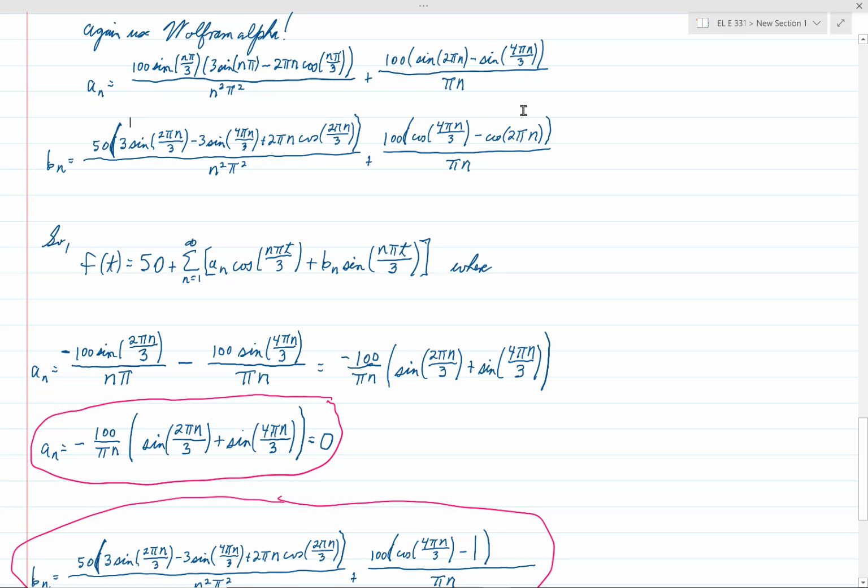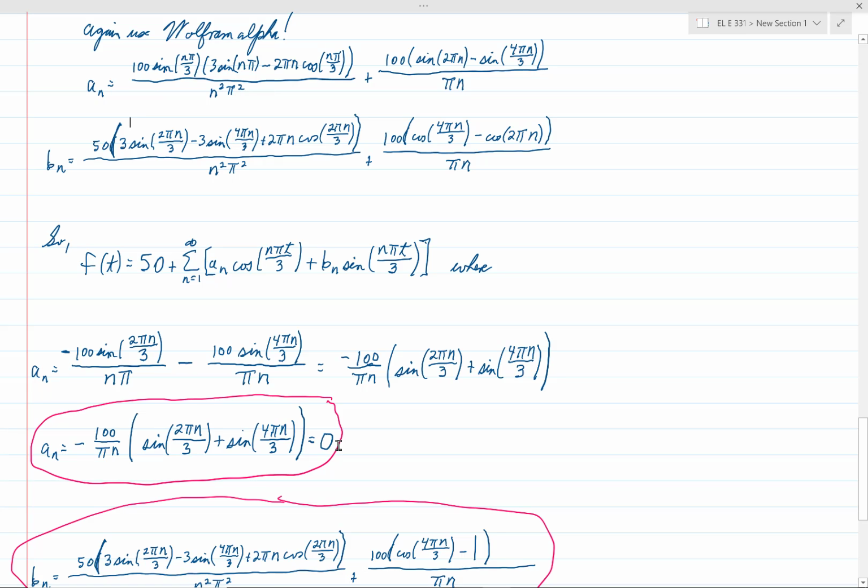And then what about this second term? Well, again, the sine of 2 pi n goes away, and so we're left with minus 100 sine of 4 pi n over 3 over pi n. So that can be grouped in immediately. It has that minus 100 over pi n term already, just like this does, and so we can then just slip in the sine of 4 pi n over 3 right here. So this is what An is equal to, and remarkably, that is actually always equal to 0.